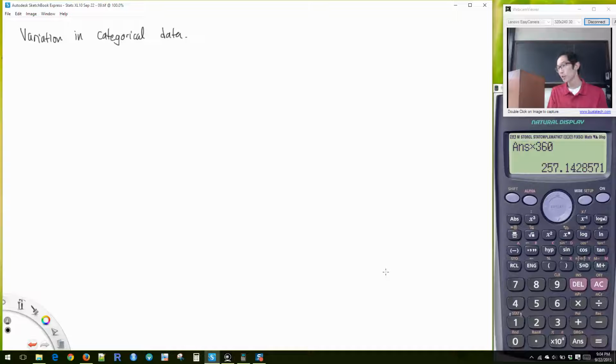We can also talk about variation in categorical data, okay? So what is variation? Yeah, variation means things are different, right? Everybody here is different from one another, and depending on where you go, there may be more or less variation in the people you meet.